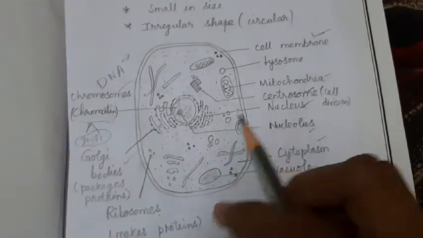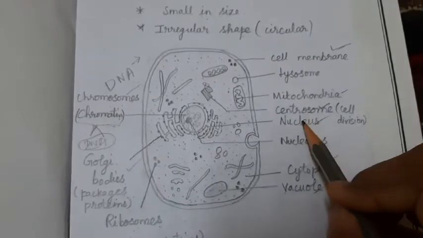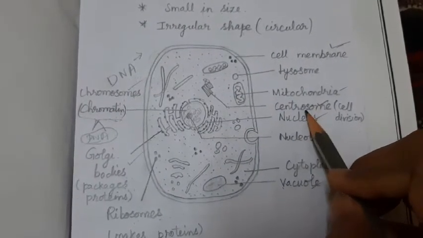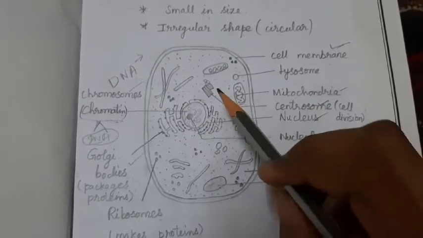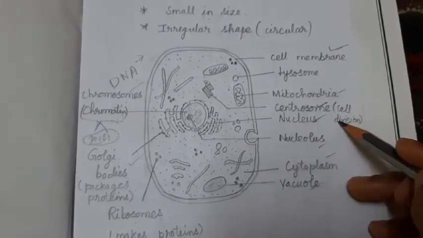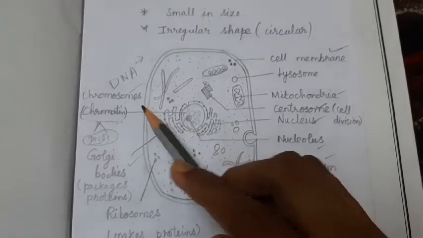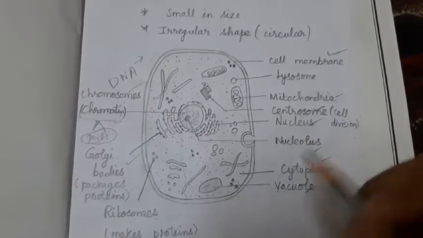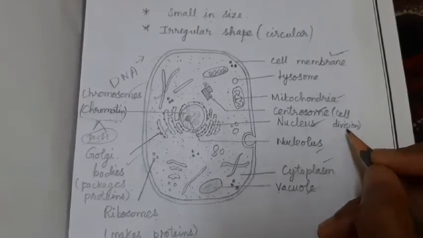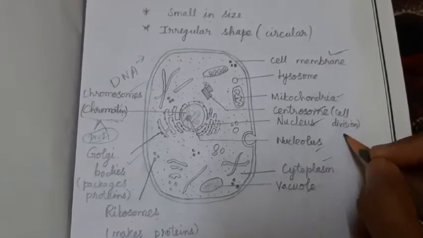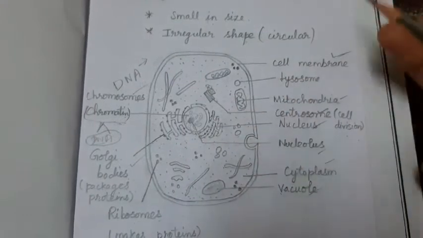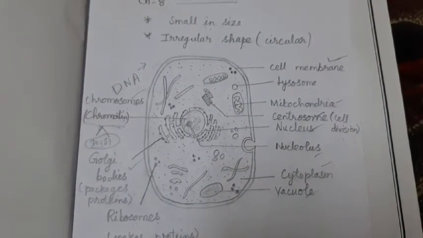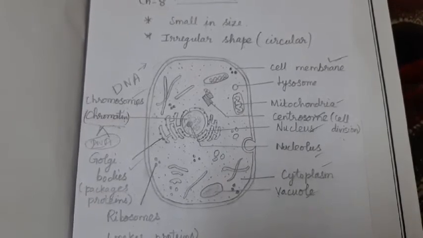Centrosome. So this organelle is present only in the animal cell, whereas in the plant cells we did not come across the word centrosome. Centrosome is responsible for carrying the chromosomes to the new cell during cell division. So you will learn in detail in your higher classes about the cell division. The cell divides into two or more daughter cells.